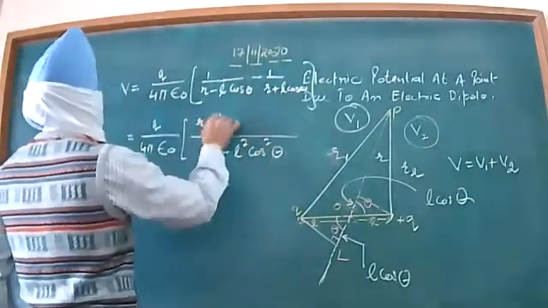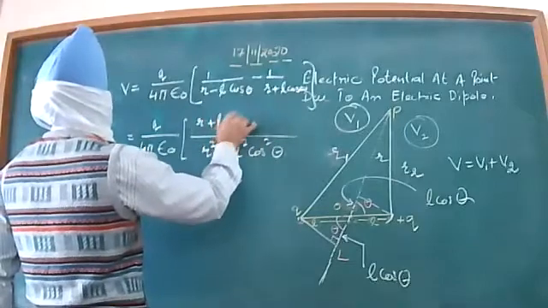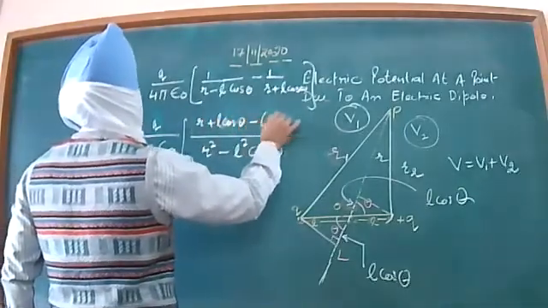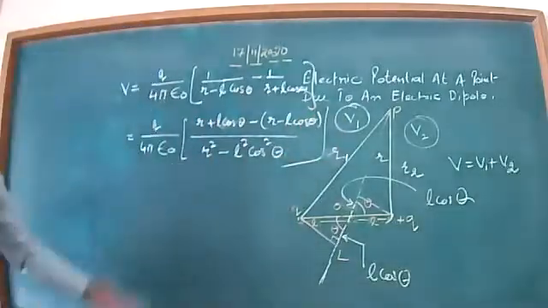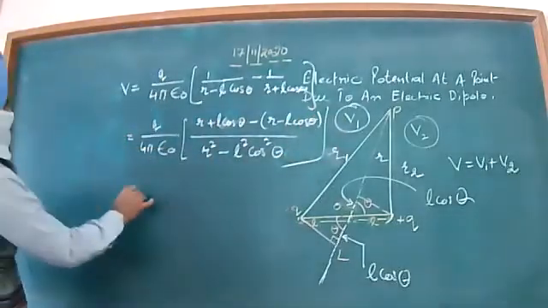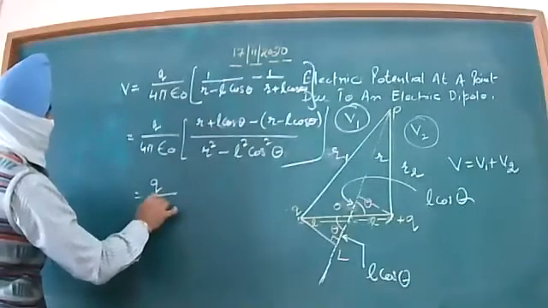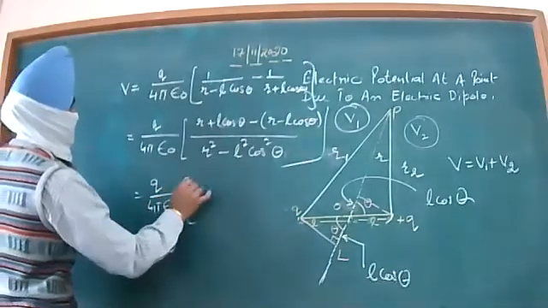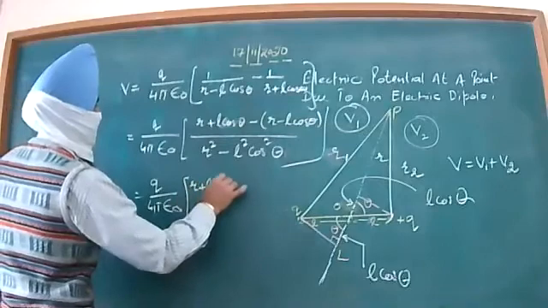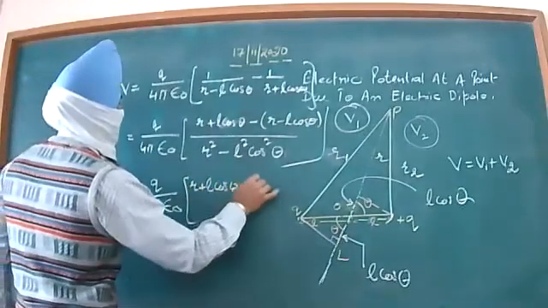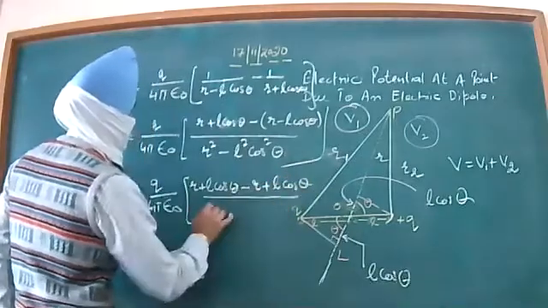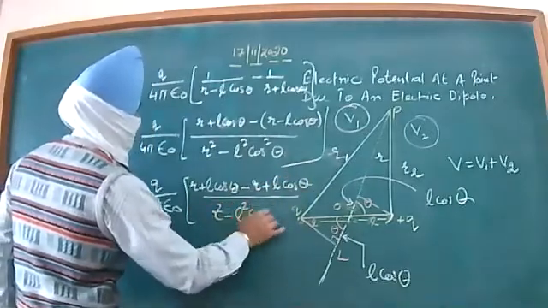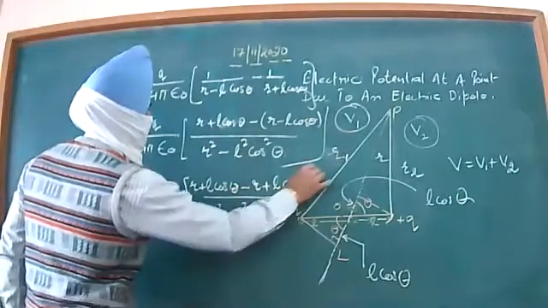It is r plus l cos of angle theta minus r minus l into cos of angle theta. Let us rearrange. So we will have q upon 4 pi epsilon naught, r plus l cos theta minus r minus l cos theta, and it is r square minus l square cos square theta.